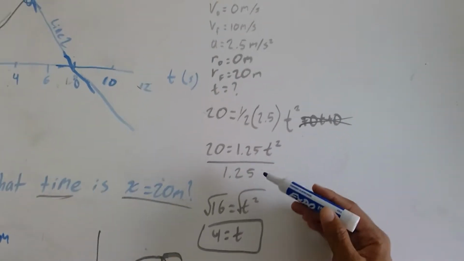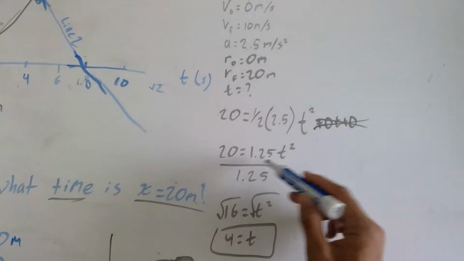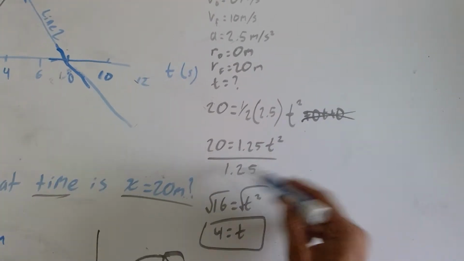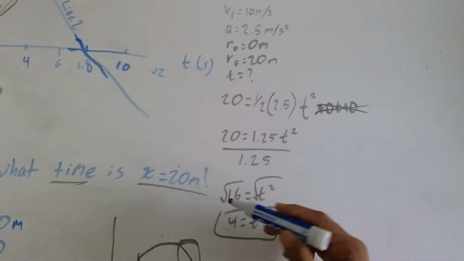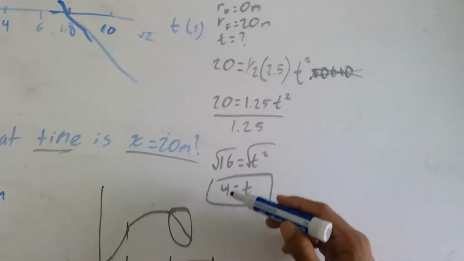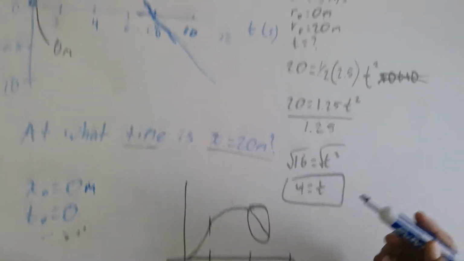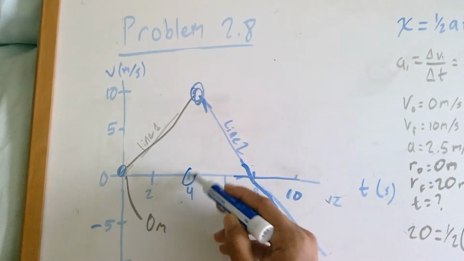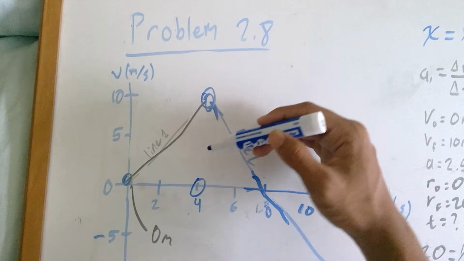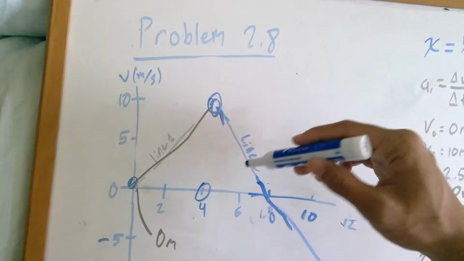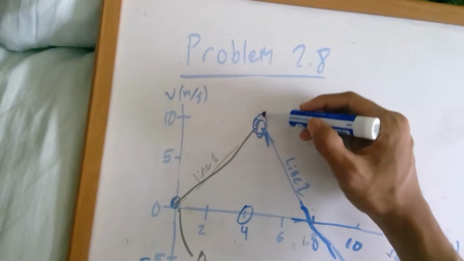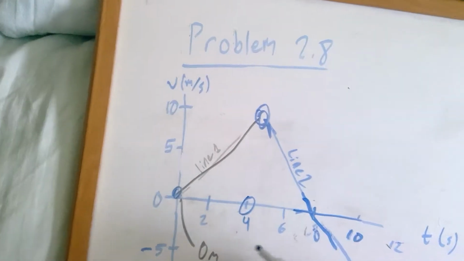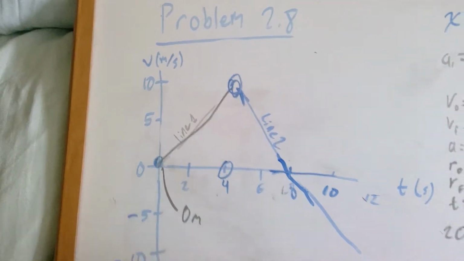Solving this, we find that 20 is equal to 1.25 t squared. Divide by 1.25, then take the square root, and 4 is equivalent to t, which means that at 4 seconds, x is equal to 20 meters. So that's one of our answers for this problem.